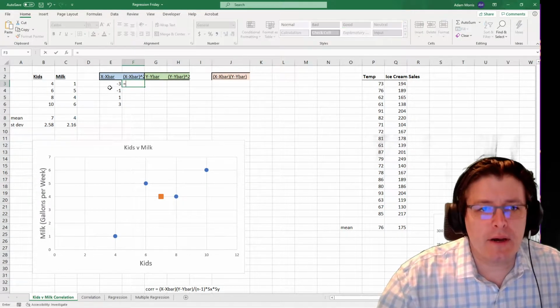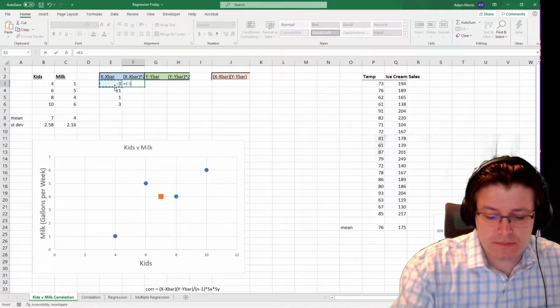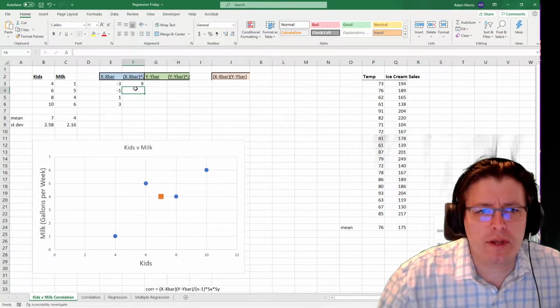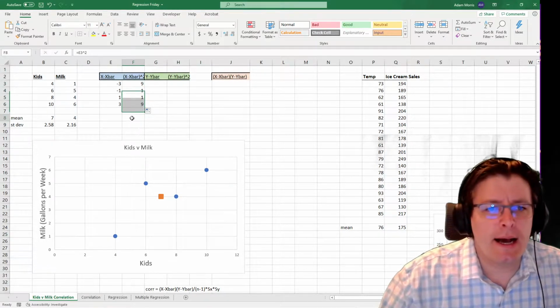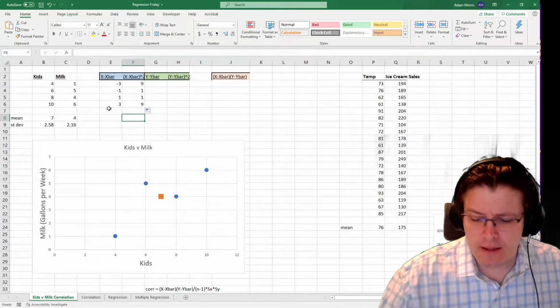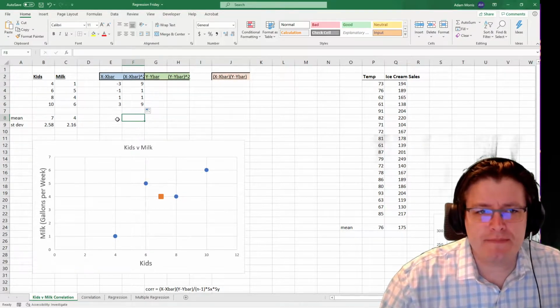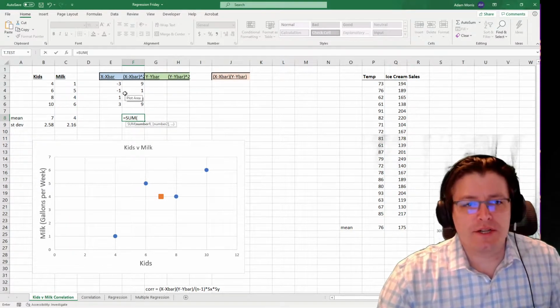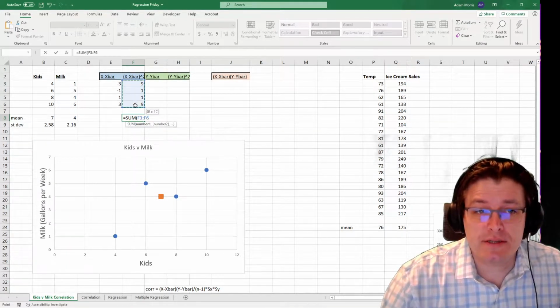Okay, and in our calculation, this is maybe a little different order than we did on the purple board, but we can calculate the standard deviation right along here. So the sum, we're going to sum up all of those squared deviations.